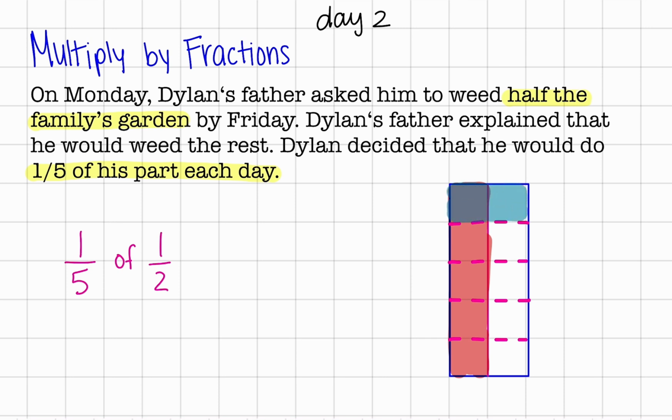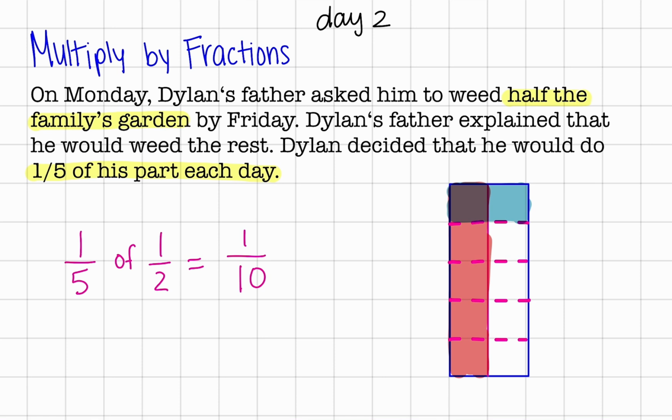So each day, what fraction of the family garden is Dylan weeding? Well, this is one piece of our garden that has both red and blue, so 1, and it was broken into 10.